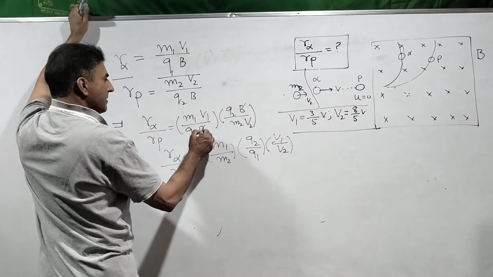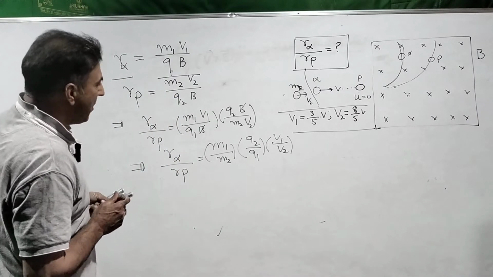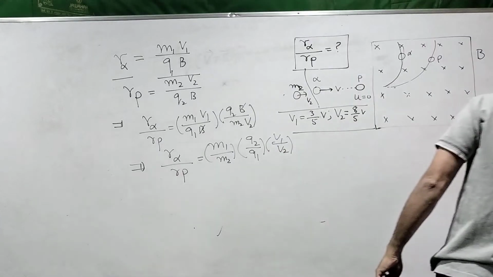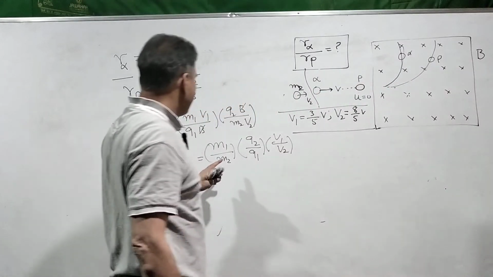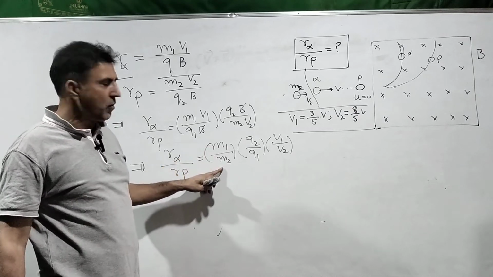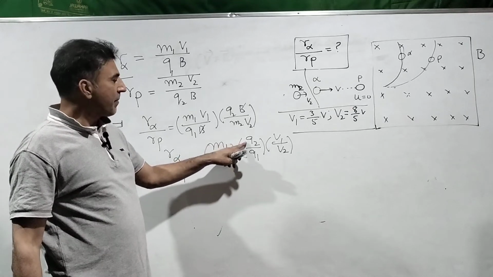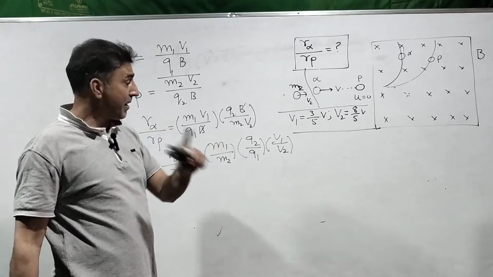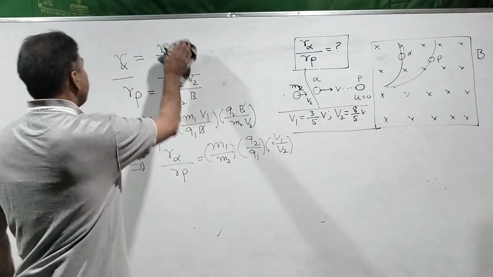And B cancels off. Okay, now let me substitute these, because I know the alpha particle mass is 4 times the proton mass, and the charge of the alpha particle is 2 times the charge of the proton, and 1 stands for alpha particle and 2 stands for proton. Don't forget that.